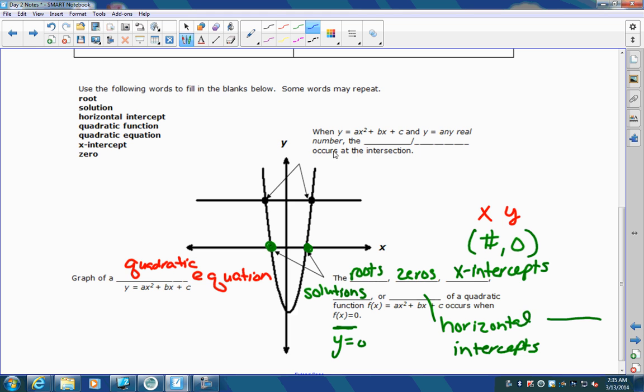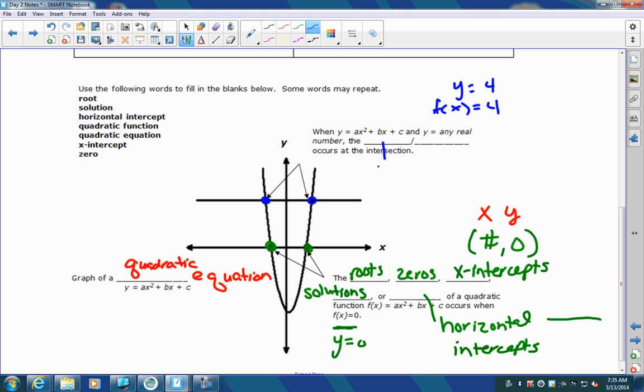Now, if the equation is set equal to any real number, any other number instead of equals 0, if f of x equals 4, so if y equals 4, you would draw your horizontal line at 4, and you would look and see where they intersect your parabola.